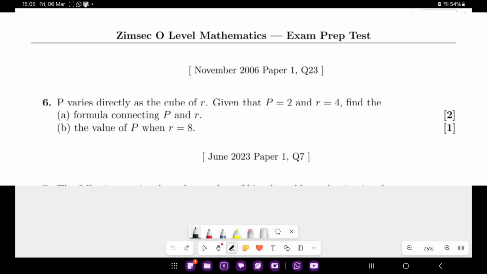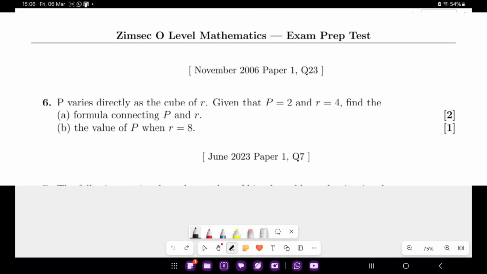Okay, we are doing number 6 now, which says p varies directly as the cube of r. Given that p is equal to 2 and r is equal to 4, find the formula connecting p and r. So since we are doing variation, we have to understand what the question requires. It says that we should find the formula connecting p and r.